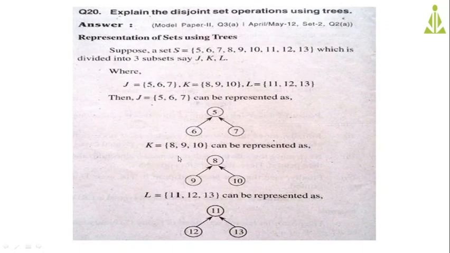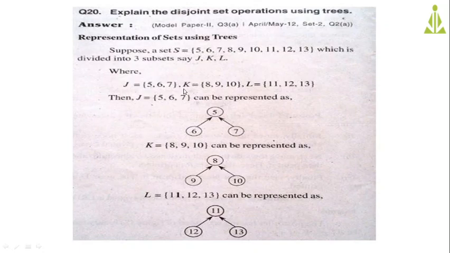And in K, 8, 9, 10, in the same way, I am taking the first element as the root, 8, 9, 10. You can take any one as a root, it is up to you. 11, 12, 13. So 11 is the root for me, and the left and right are the left node and the right node. So this is the representation in tree.